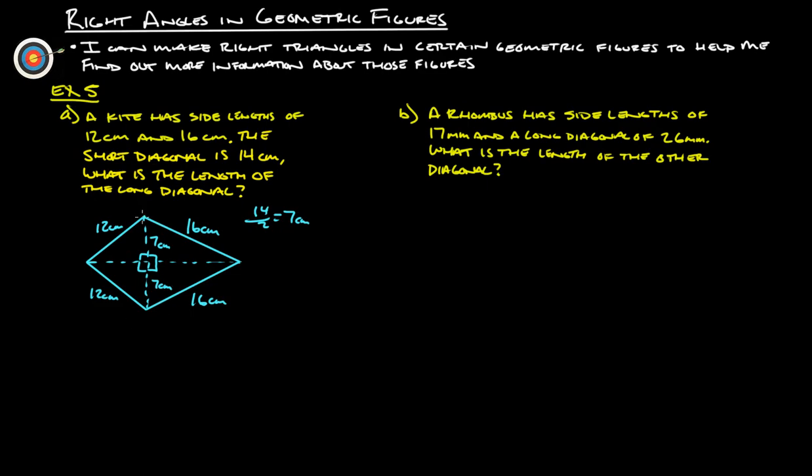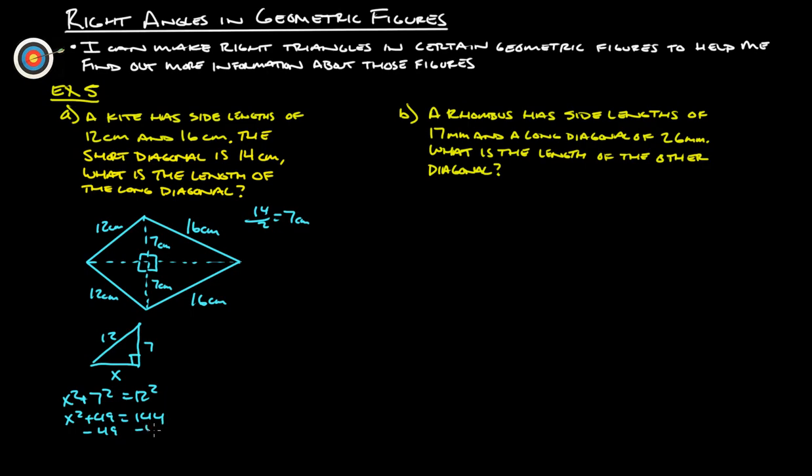Let's take a look at just this triangle right here. We've got the 12, the 7, and then we're going to figure out what that is, calling it x. The hypotenuse is 12, so x squared plus 7 squared is 12 squared. So x squared plus 49 equals 144.